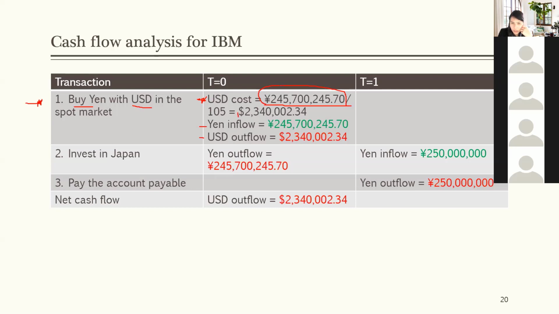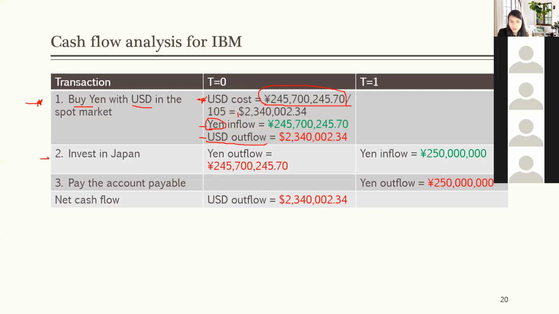For this transaction, if we think about cash flows in 2 different currencies, in yen, because you exchange the USD for the yen, you receive this much yen, right? In contrast, in terms of the USD, you have to pay the USD to buy the yen. So this is a cash outflow in the USD for you.